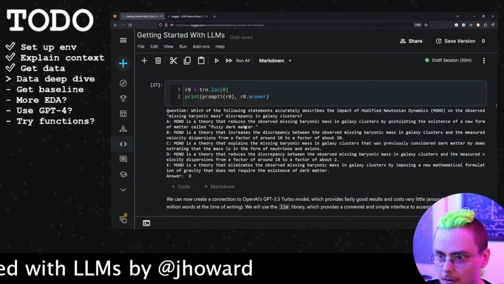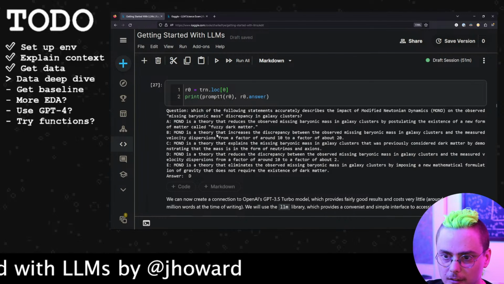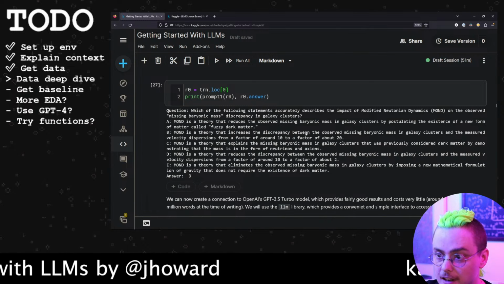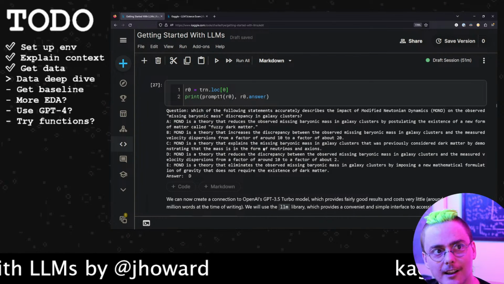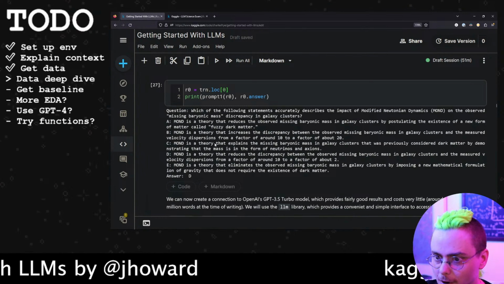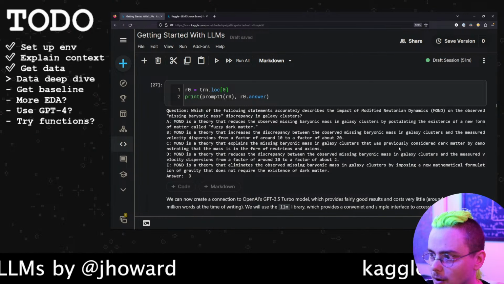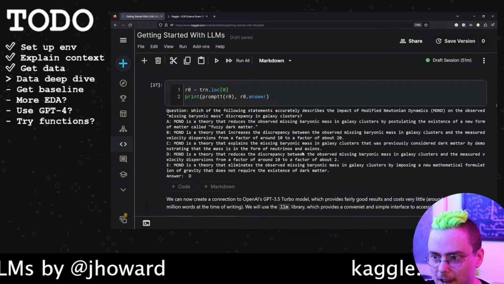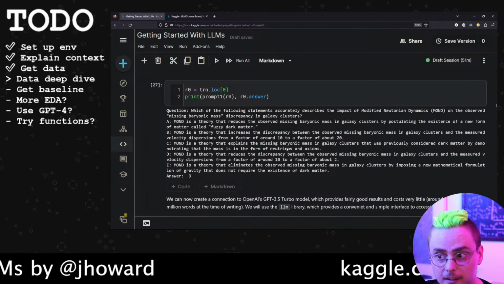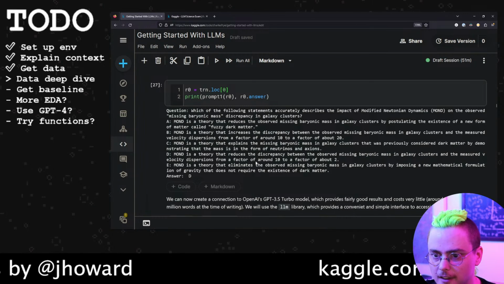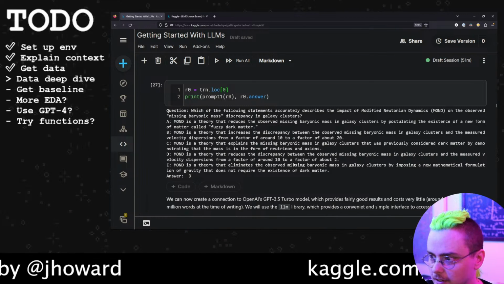And so looking at these, postulating the existence of a new form of matter increases the discrepancy. That's not likely for a theory. Theories are supposed to resolve discrepancies. So the theory explains what was considered dark matter by demonstrating the massless form of neutrinos and axions. Possible, but why would it be called modified Newtonian dynamics? D, this really looks like the answer here, reduces the discrepancy.